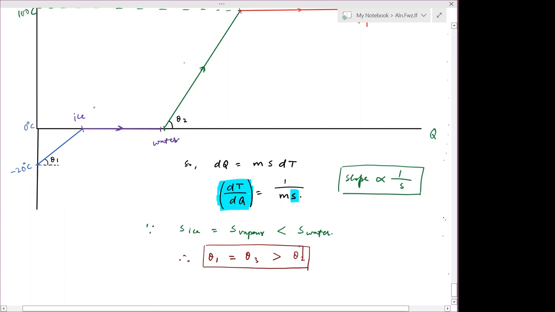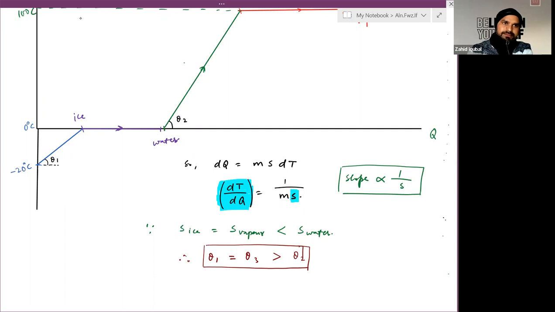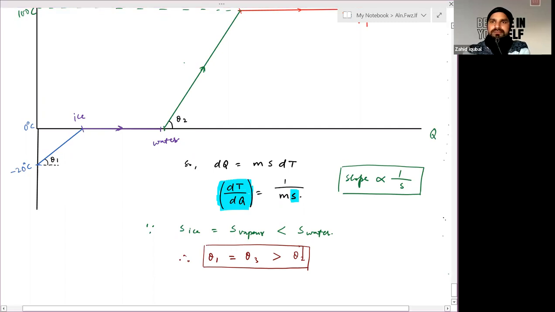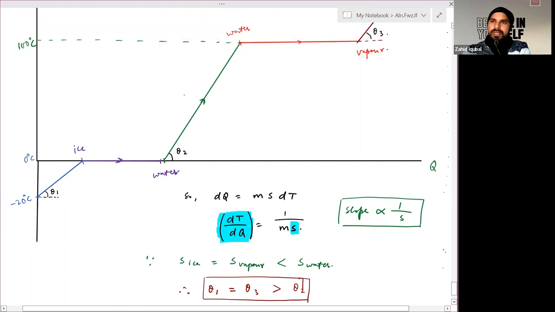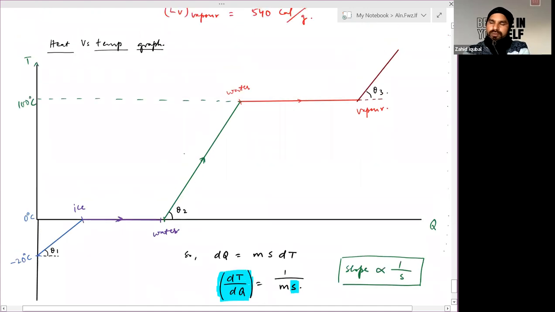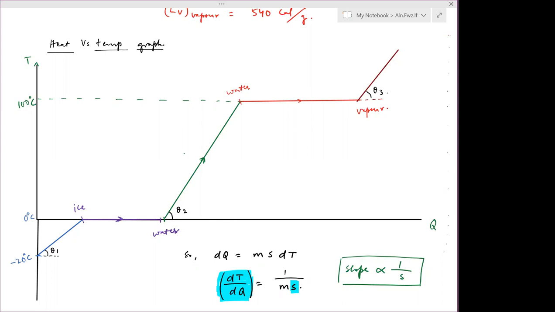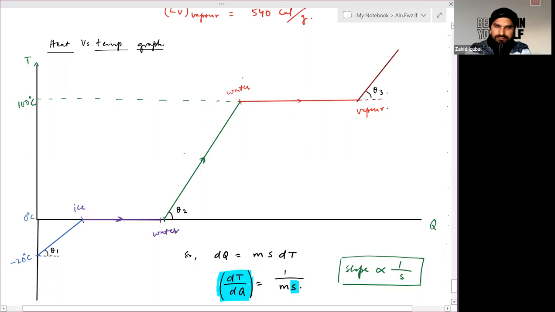Okay. The next question related to this: if you have water and vapor at the same temperature, that is 100 degrees Celsius, which one will cause a more severe burn, water or vapor? Sir, vapor. So why? Just draw a vertical line at this point.